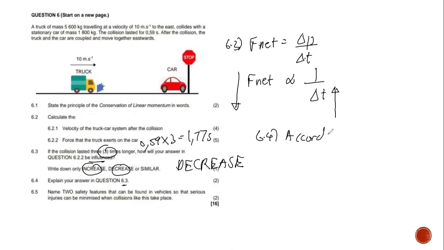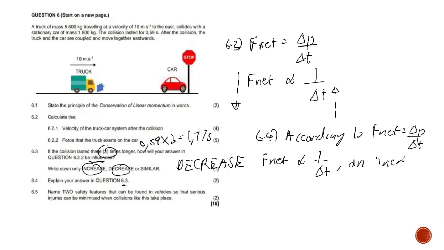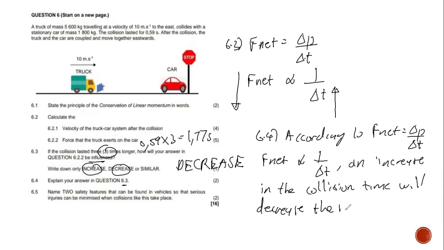And then to explain that, they say explain your answer in question 6.3, then we can say according to F net is equal to change in p over change in t, our F net is inversely proportional to delta t. That means an increase in the collision time will decrease the net force.